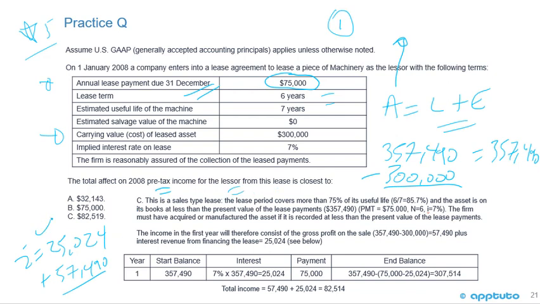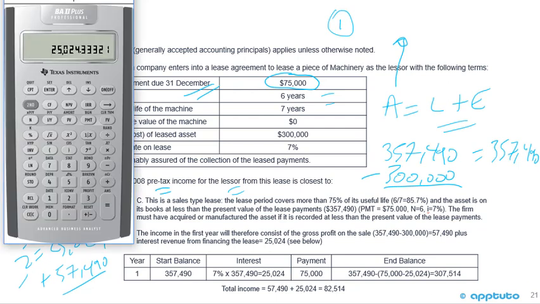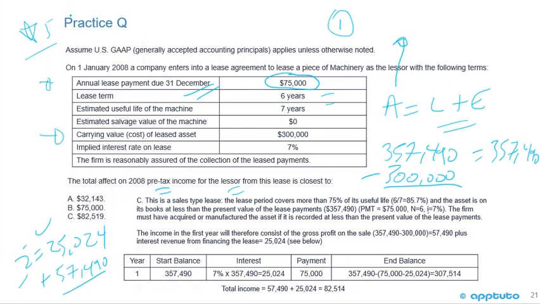It's going to be a combination of the interest plus the profit that I made because it's a sales type lease. So I bring up my calculator. I have my interest calculation still there, $25,024. I'm going to add my $57,490, and it's going to give me $82,514. That's $82,500, well, it's close enough with a bit of rounding. They're going to give us the word closest to, so it's closest to C.